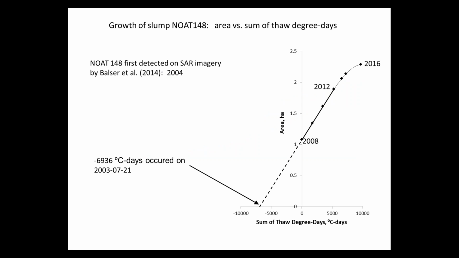And what I've done here now is I've plotted the area of the scarp, or excuse me, of the slump, 0 to 2.5 hectares, versus the thaw degree days cumulative from the first visit in 2008. So I computed thaw degree days from that NOAA RAWS weather station.